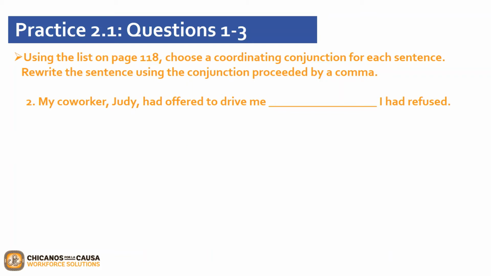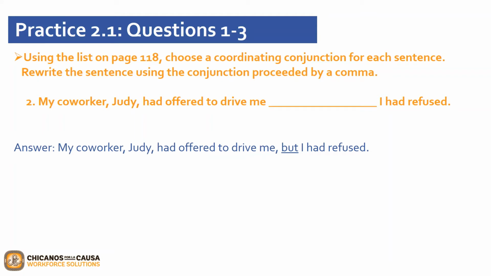The second sentence says, my coworker, comma, Judy, comma, had offered to drive me, blank, I had refused. What coordinating conjunction would you use for the sentence? The correct way you would rewrite this sentence is, my coworker, Judy, had offered to drive me, comma, but I had refused.